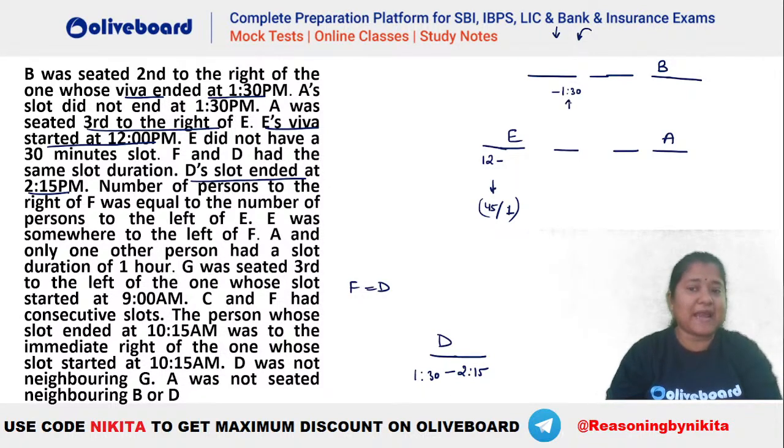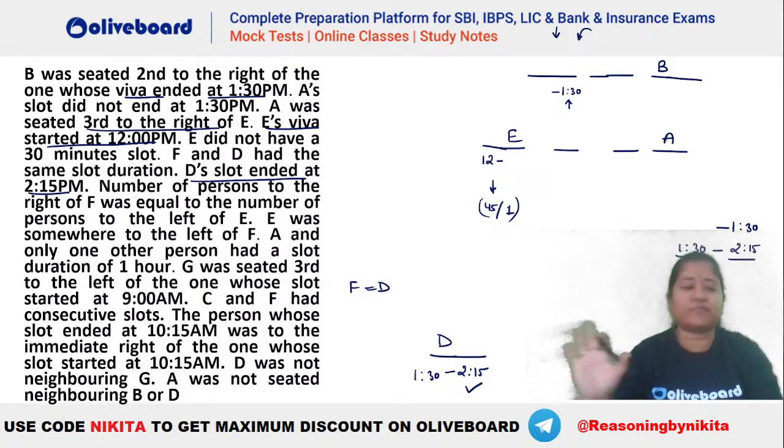Because if somebody is ending at 1:30, there has to be somebody starting at 1:30, because the slots are consecutive in nature. So D will be the one who is 1:30 to 2:15 here.